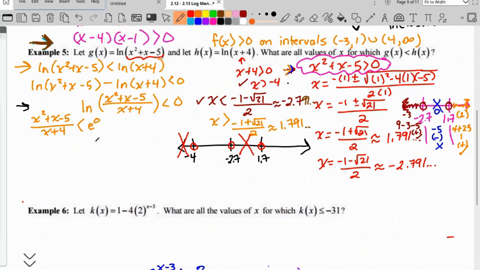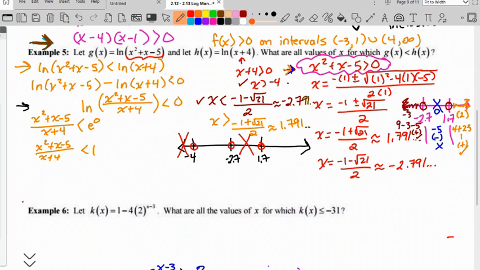Now we said anything to the 0 power is 1, so that just gives me x squared plus x minus 5 over x plus 4 is less than 1.